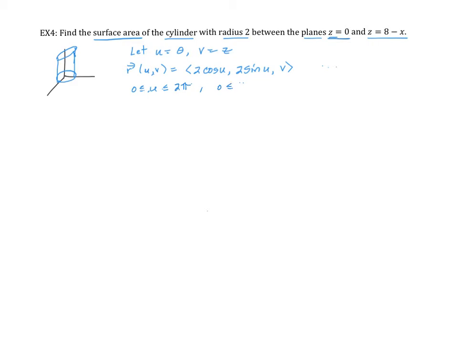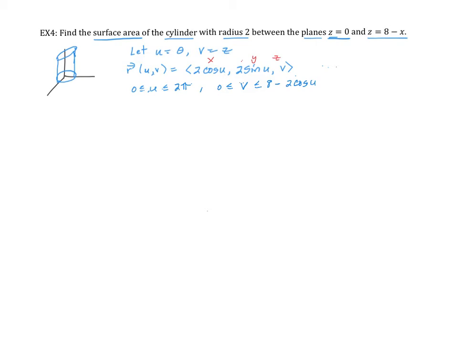So z is going to go from 0 to 8 minus x. So v is going to go from 0 to 8 minus my x value, which is 2 cosine of u, right? Because this is my x, my y, and my z.